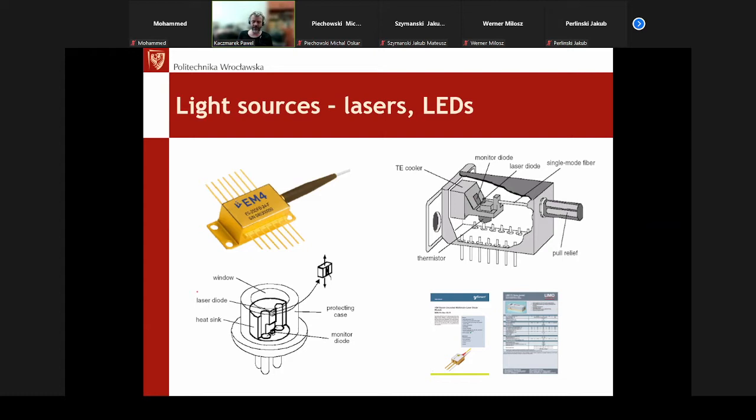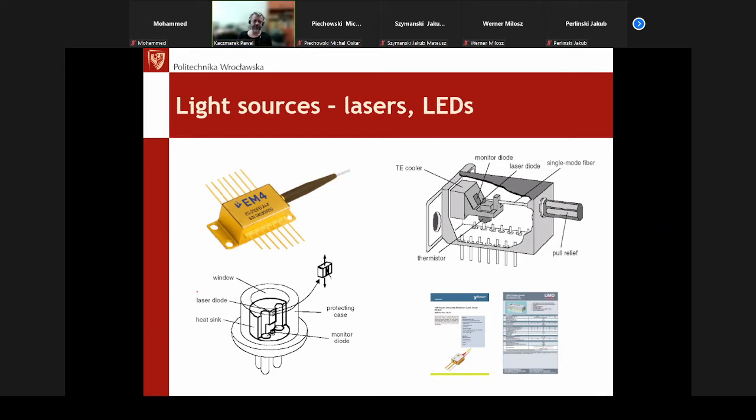Sometimes you can also make light emitting diodes coupled with the fibers, but these LEDs are mostly coupled with multimode fibers because, as you know, multimode fiber has a much bigger core diameter. So using a non-coherent source is relatively easy to pigtail with such a multimode fiber.